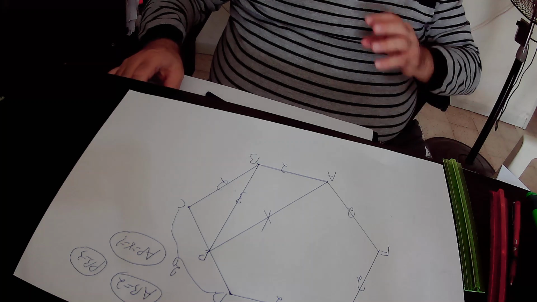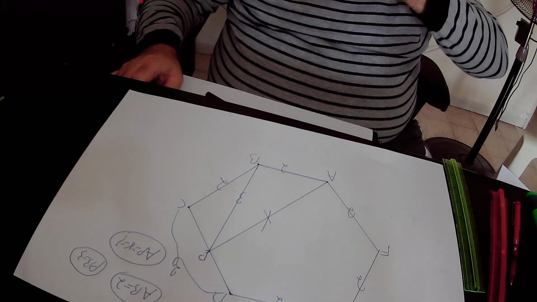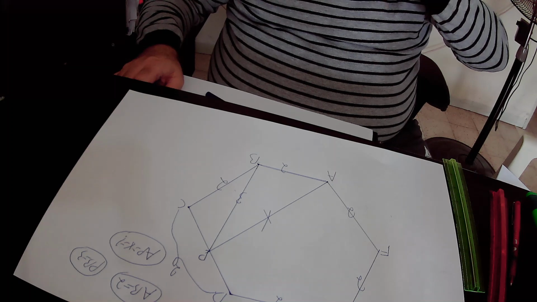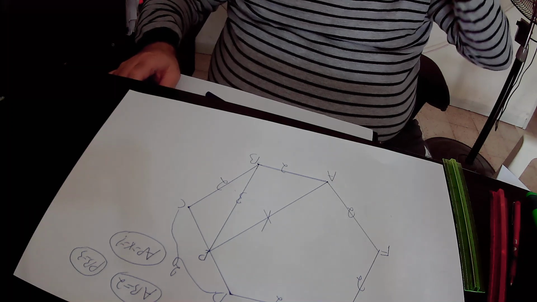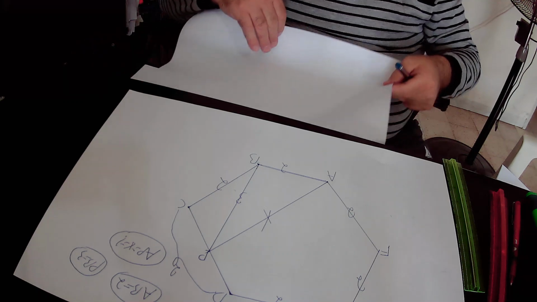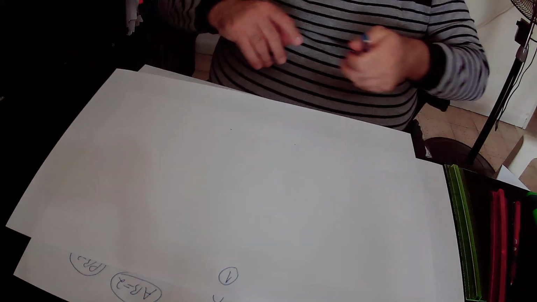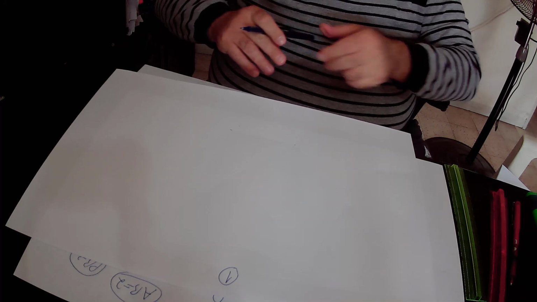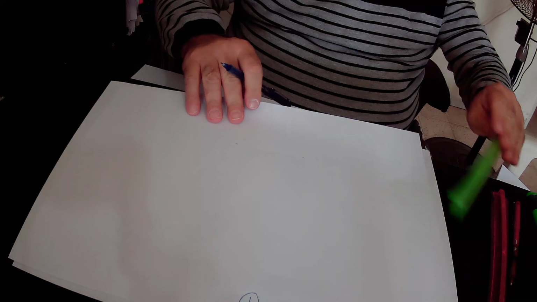So first of all, we find out the sum of the angles in any regular hexagon. So I draw a regular hexagon that could be any regular hexagon, and we find out the sum of the angles in that regular hexagon.